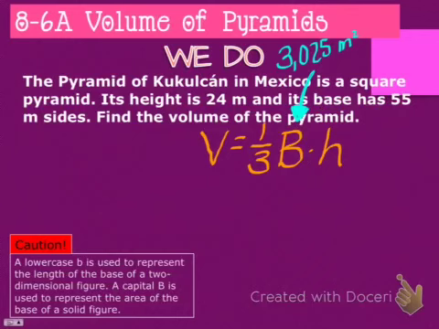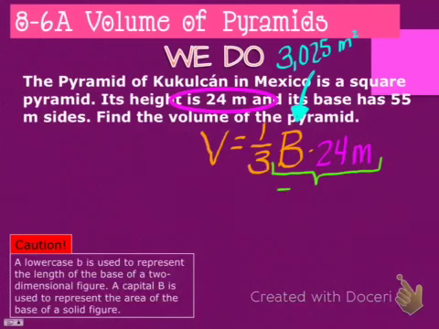Now we need to continue on and find the height of our pyramid. It told us right in the problem that it has a height of 24 meters. So I'm going to substitute in 24 meters here. Now we're going to go ahead and do some more math. We're going to multiply together 3,025 times 24.